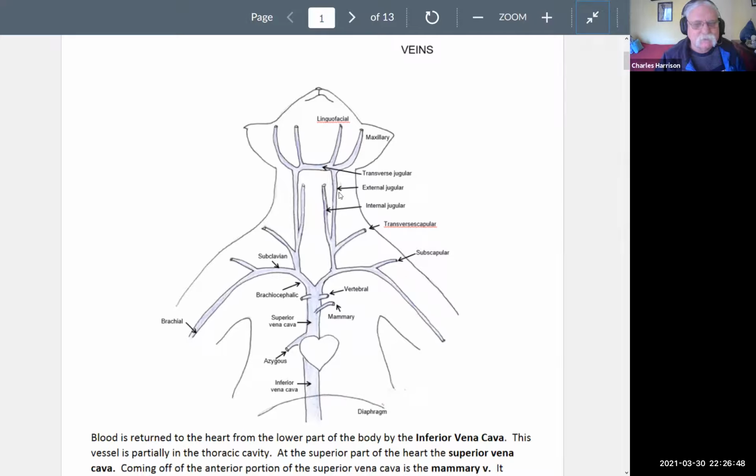External jugular vein. Coming up the external jugular, there's a vessel that comes off and goes over the shoulder blade. This is the transverse scapular vein.